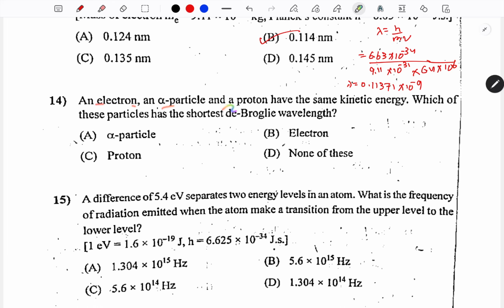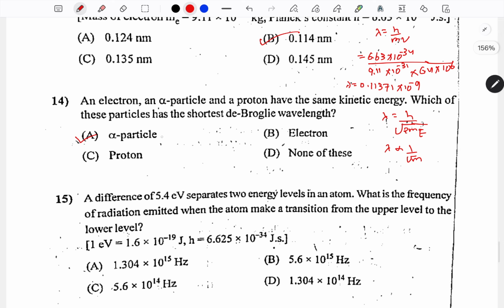An electron, alpha particle and proton having the same kinetic energy, which of these has the shortest wavelength? We know that lambda is equal to h upon under root 2mE, which means lambda is inversely proportional to root m. So whose mass is less, that wavelength will be maximum. So shortest wavelength is alpha particle.